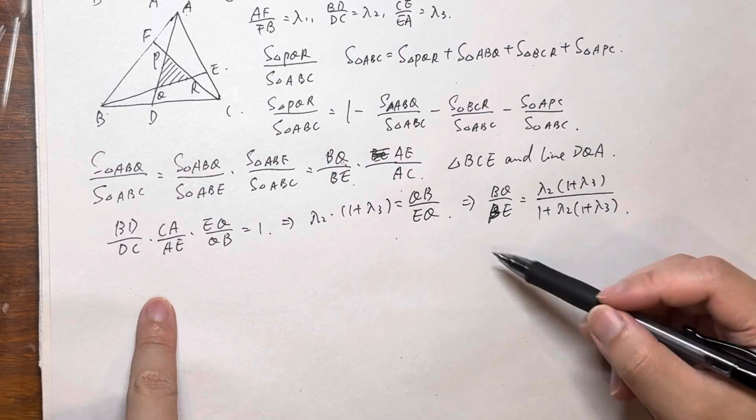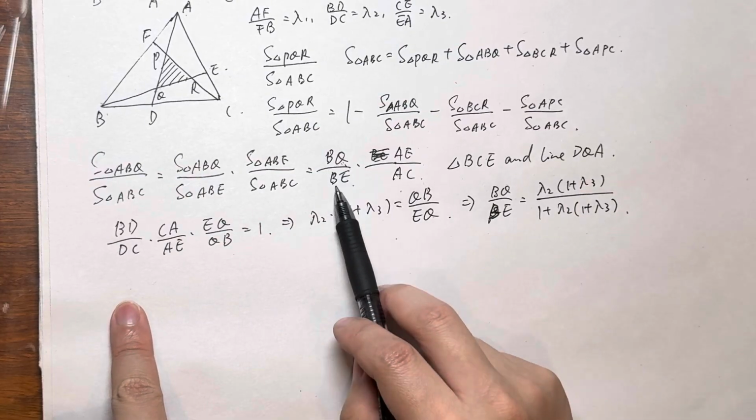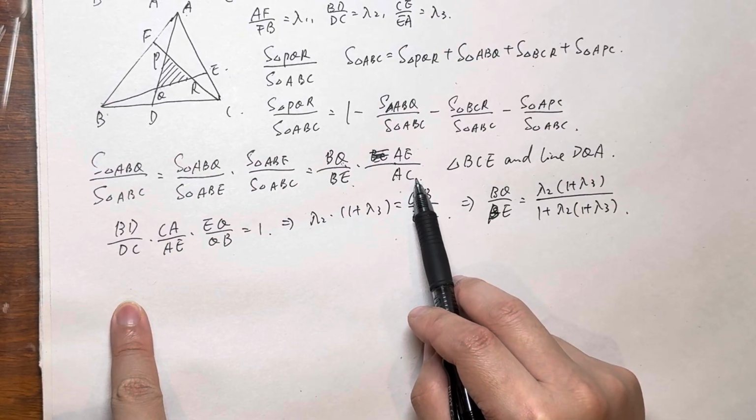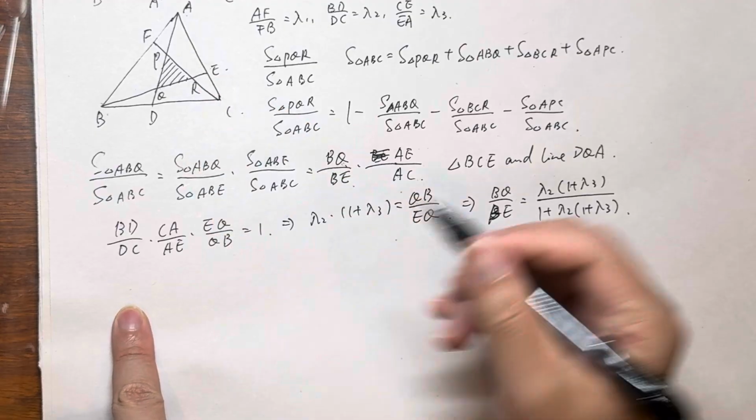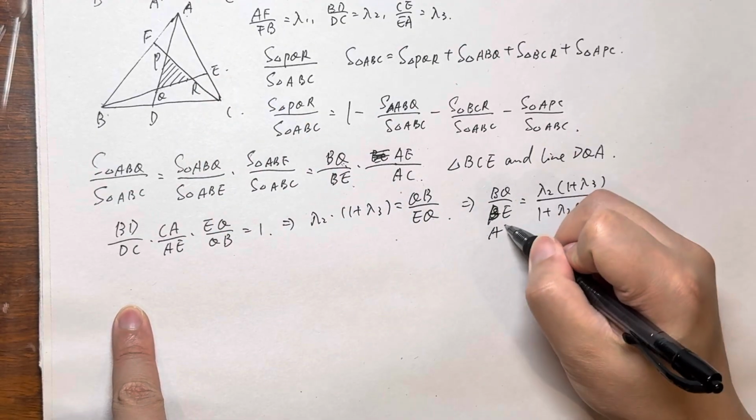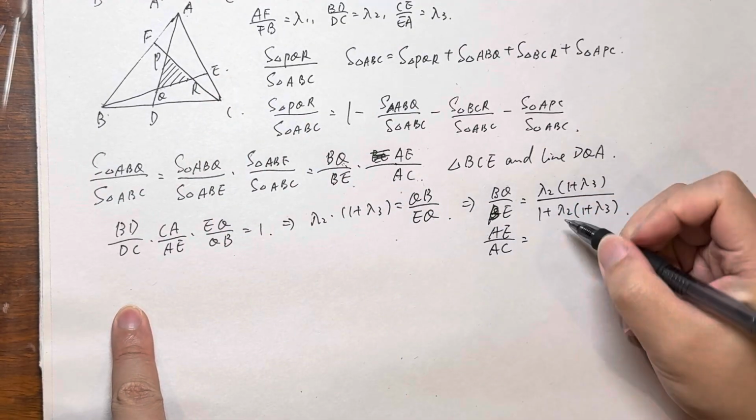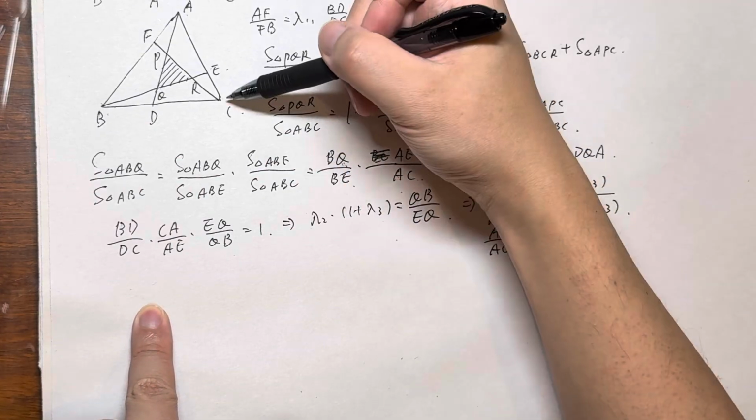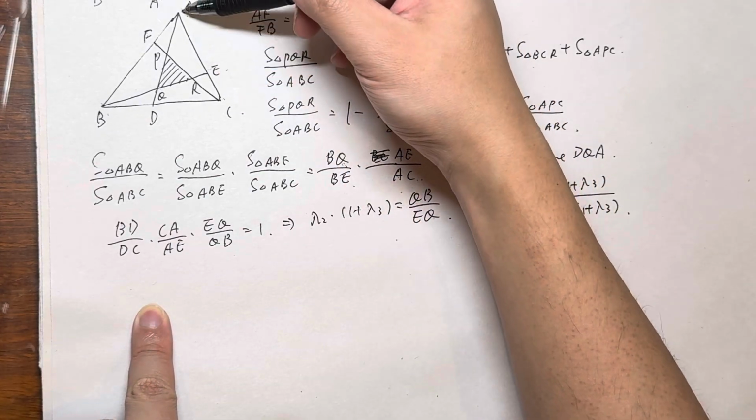And that is saying we know BQ to BE and we know AE to AC, which is 1 to 1 plus lambda 3, because CE to AE is lambda 3.